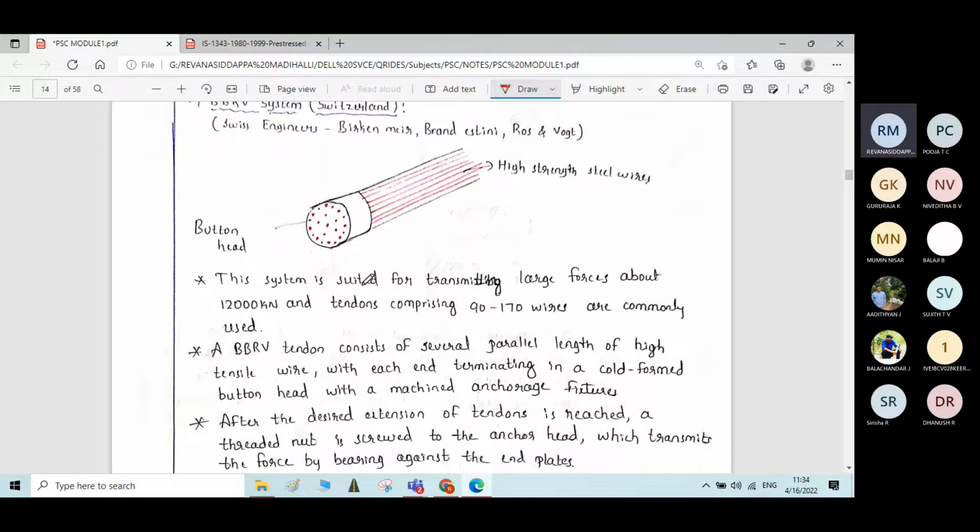It consists of several parallel lengths of high tensile wires, with each end terminating in a cold formed button head with machined anchorage fixtures.